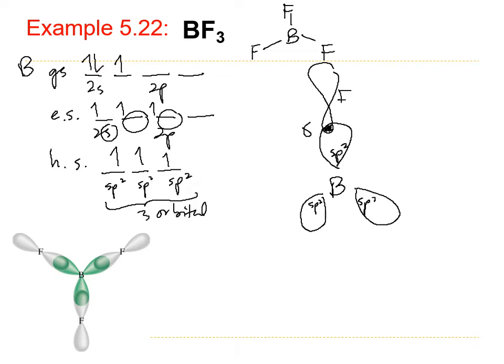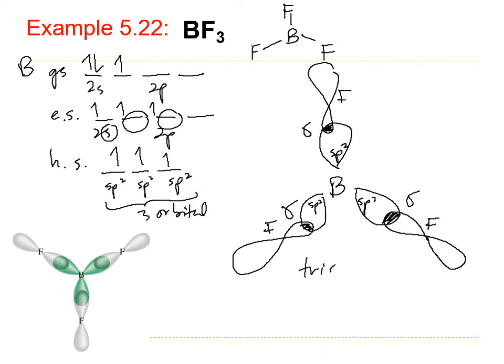Let me try to do a more symmetrical p orbital for F now. That's better. Can you see that there are 3 sp2 bonding pairs attached to boron? This molecule is trigonal planar because it is on the same plane.